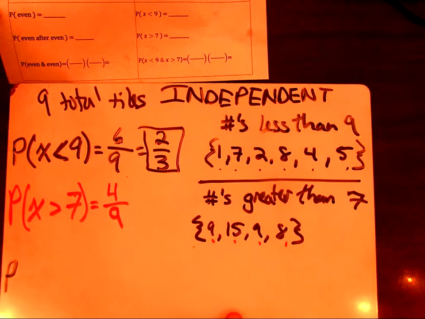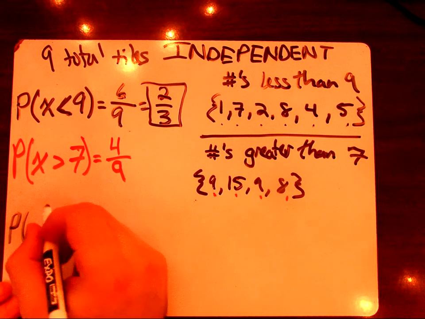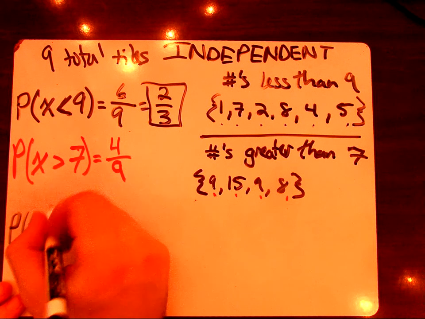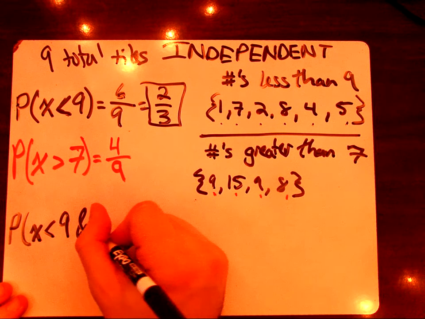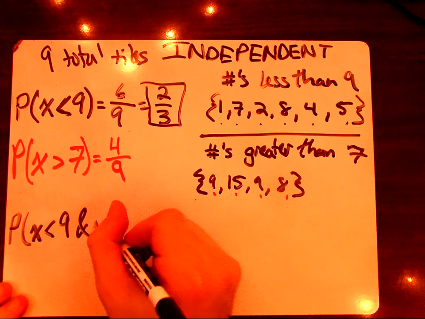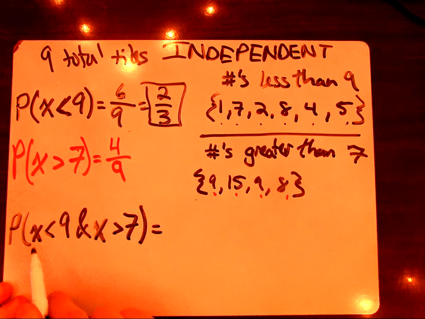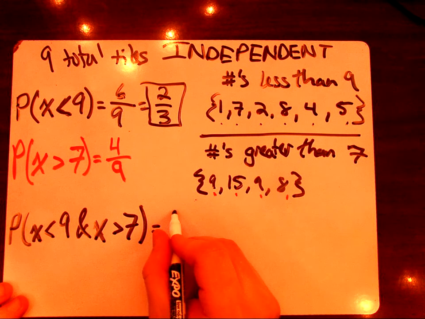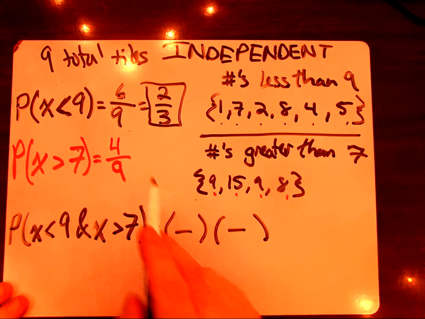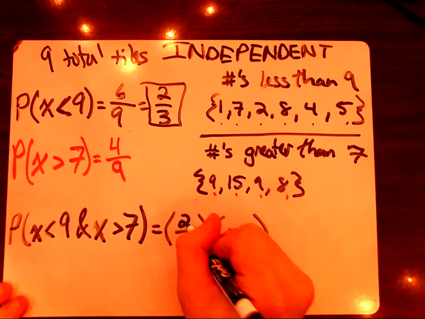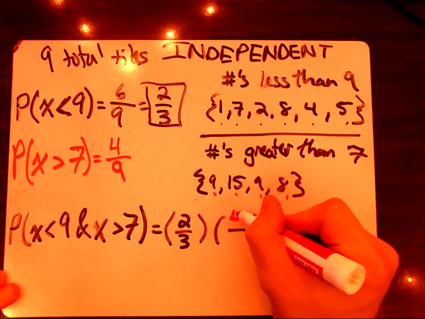Scroll up for one last part. Probability of picking a number less than 9 and a number greater than 7. Again, be able to know what those symbols are saying. So we have those two fractions: one of them is 2/3, and the other one is 4/9.